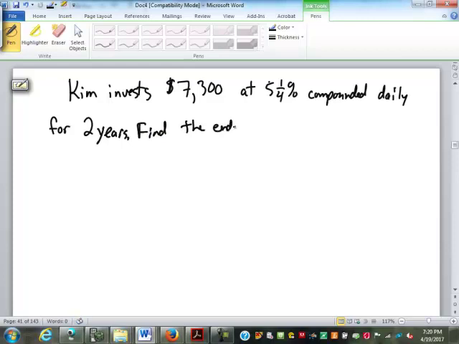Find the ending balance. So we are going to take our break. We're going to come back at 7:30, but I have that up there for you to think about.